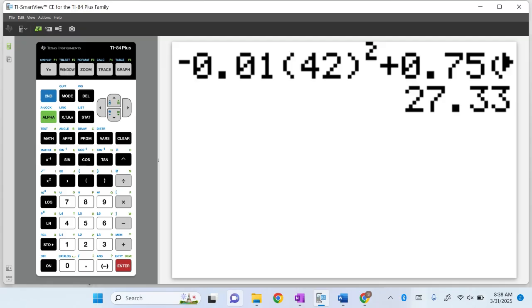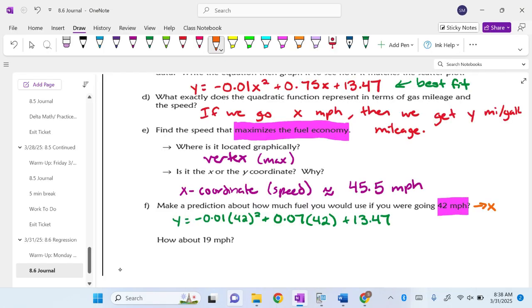Hit enter. We can say that our mileage will be approximately 27.33 miles per gallon. We have to say it's approximate because it's not exact.